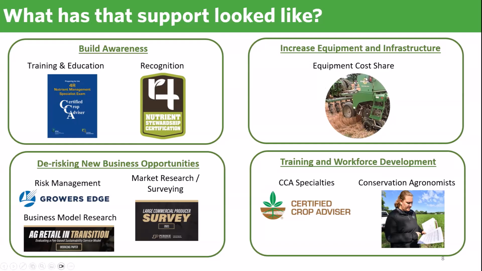We are supporting retailers and co-ops to buy equipment so that it can be shared across their farmers. So TNC is supporting about 20 to 30% of the cost. For example, a no-till drill can then be shared with their farmers at cost, but cheaper.